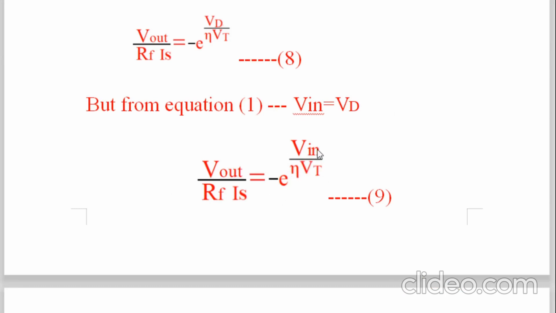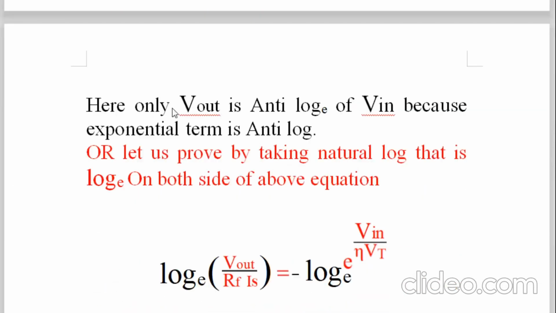So e raised to that term is itself an anti-log, and you can say that Vout, taking RF and IS to the other side, is the anti-log of Vin. The exponential term itself is the anti-log, so Vout is the anti-log to the base e of Vin.